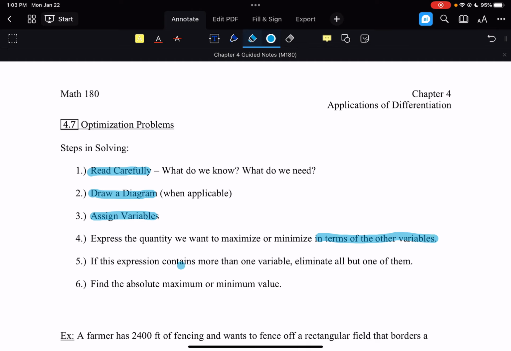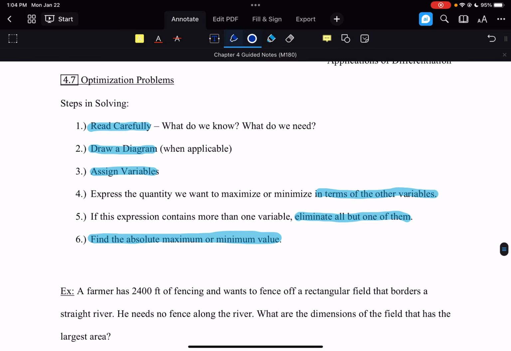If this expression contains more than one variable, eliminate all but one of them. So all of this is really just set up, and then we get to the part where it says find the absolute max or min value. Okay, so all of the calculus stuff that we're doing all falls here in step 6. So let's go ahead and dive right into this and take a look at an example.